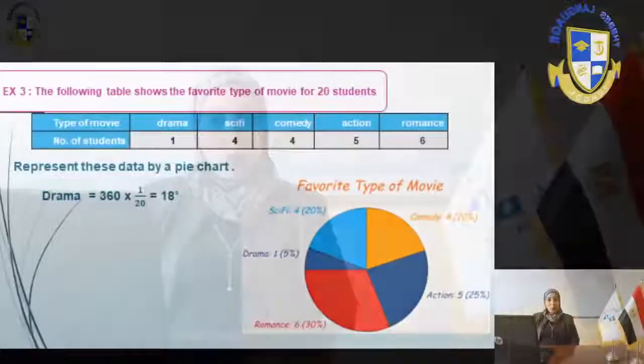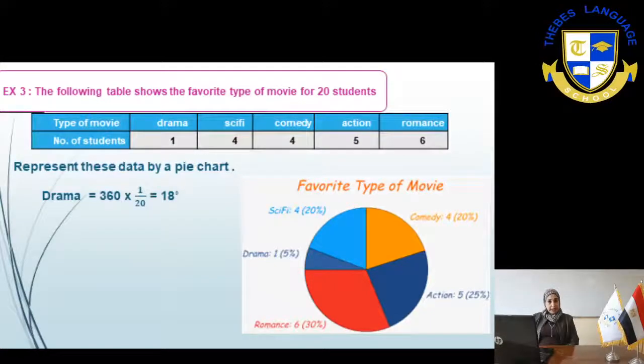For example, here one student prefers the drama movies. It will be 1 over 20, which is the total number of the students. So it will be 360, the sum of the angles, multiplied by 1 over 20, equals 18 degrees.